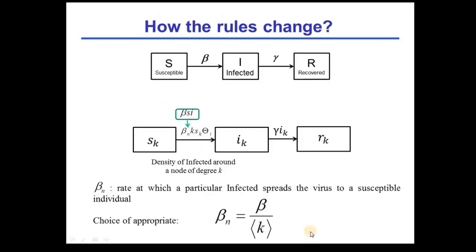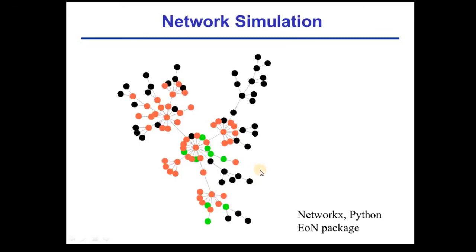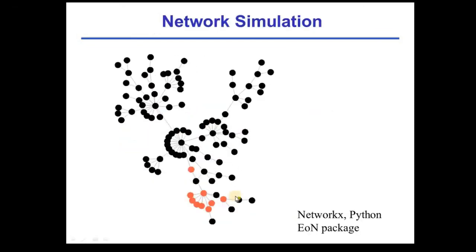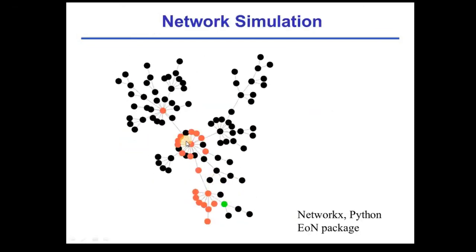So how does the picture change? Is there any change that I have to consider between the SIR model in deterministic form and the SIR model on a network? Is there any equivalence between them? The equivalence is something like this. As you can see, even in the previous example, you have seen some hubs there, right?